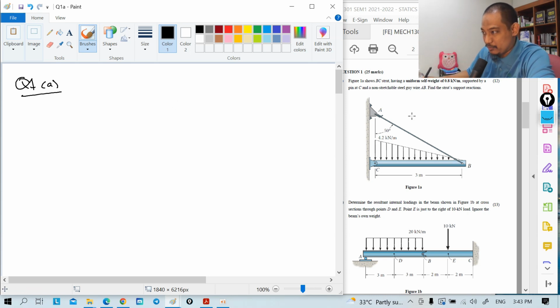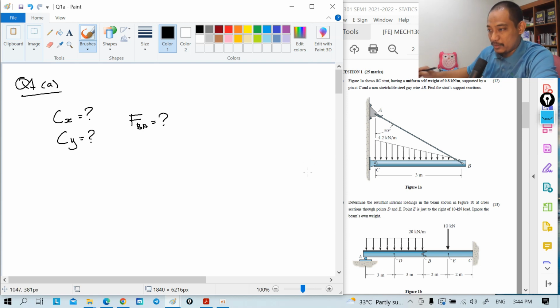So at the end of the day, we have to find the support reaction at C, meaning we have CX, CY, the two components at pin C, and then we have to find FBA, the force in the cable, the tension there, right? So first step, free body diagram.